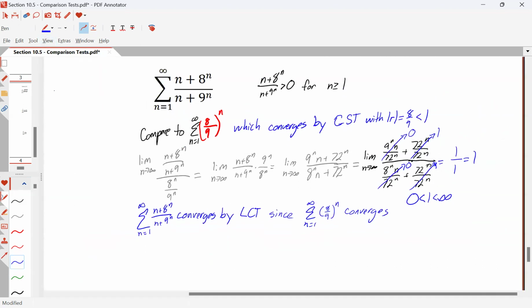Okay, so there is that example. And now we have one more.